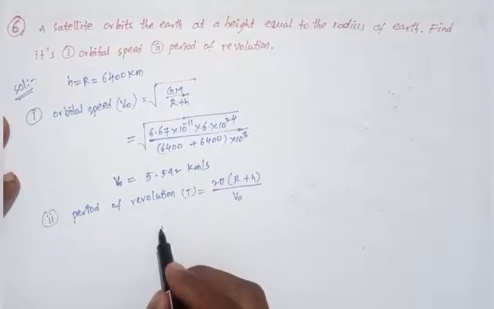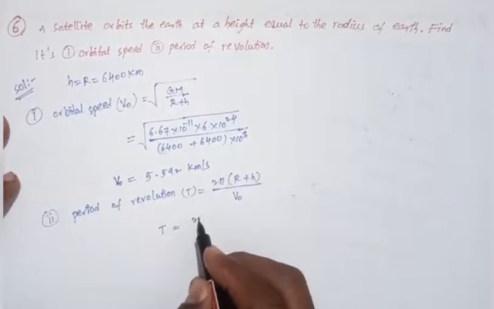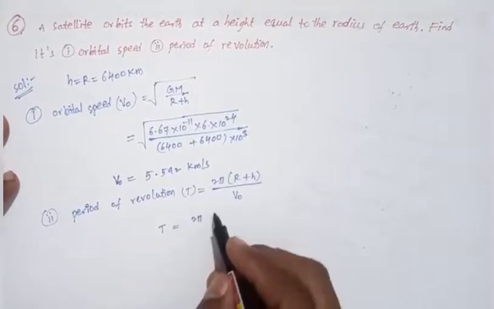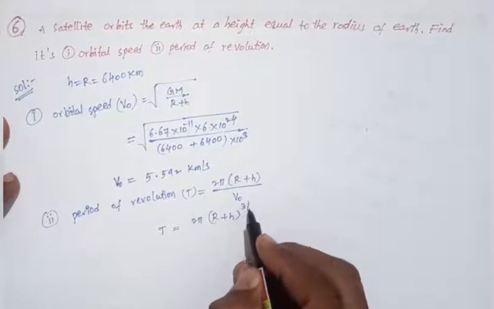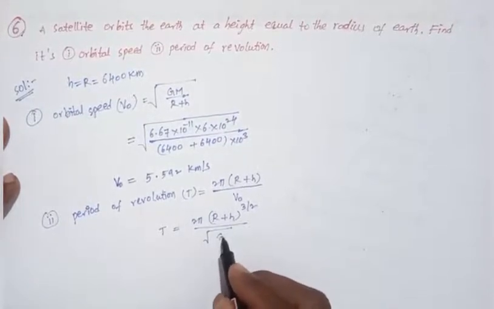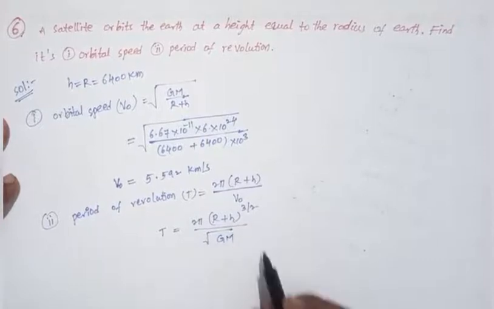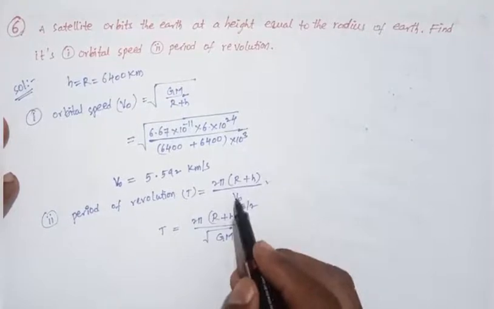The other equation is T equals 2 pi into (r plus h) whole power 3 by 2 divided by square root of GM. This equation also we can use, but already we know the Vo value.